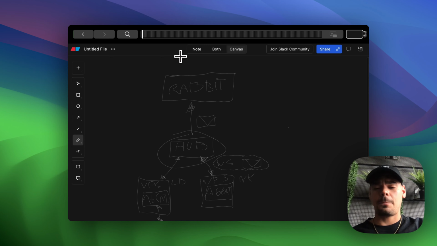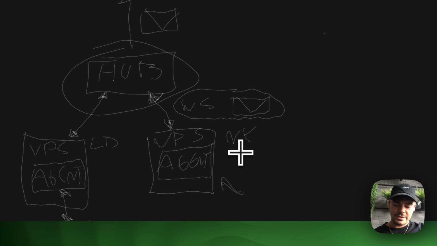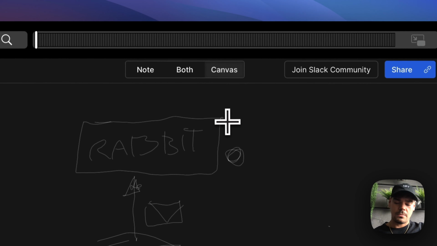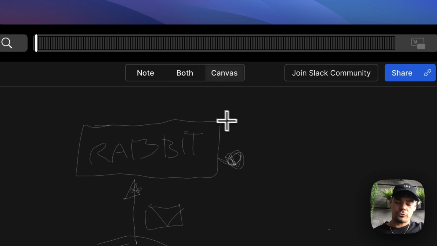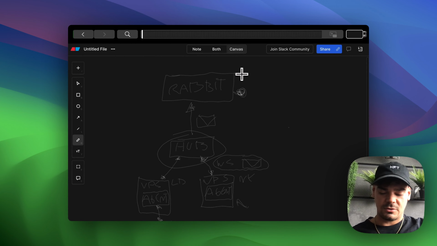It's something like a publish and subscribe system. So everything that happens on the agent is forwarded through the hub and then to RabbitMQ. And now on RabbitMQ, we have loads of messages.